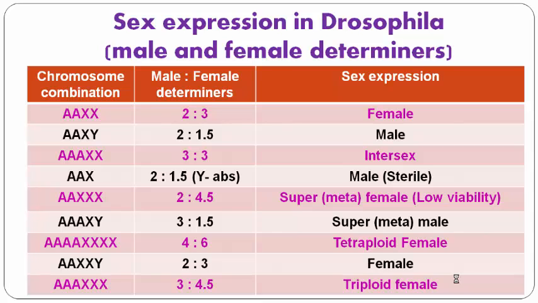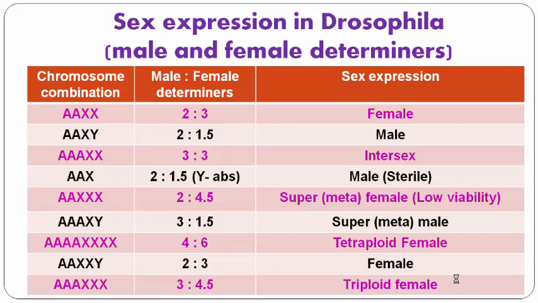Male to female determiner ratio 2 to 4.5. Hence, the sex expression will be super female or meta female. But the females will be low in viability.